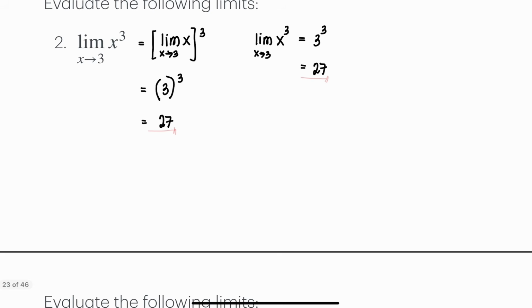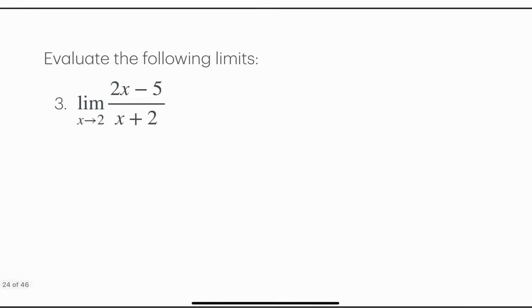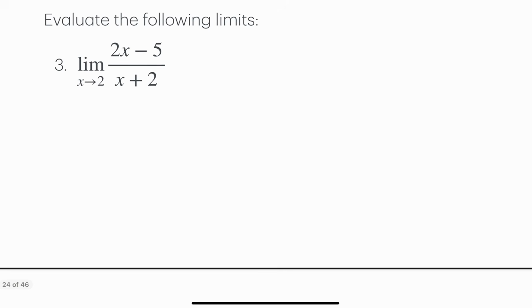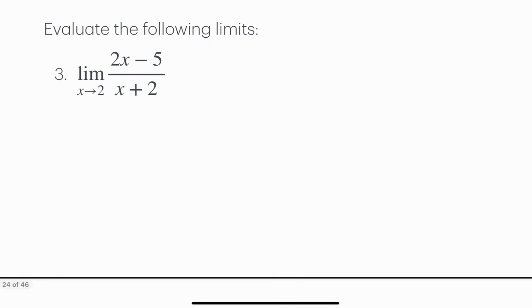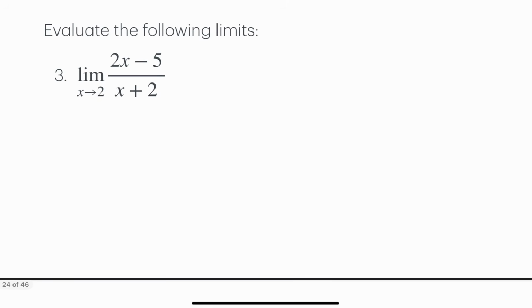Another example, the limit of 2x minus 5 over x plus 2 as x approaches 2. So using the laws of limits, this is equal to the limit of 2x minus 5 as x approaches 2 divided by the limit of x plus 2 as x approaches 2.